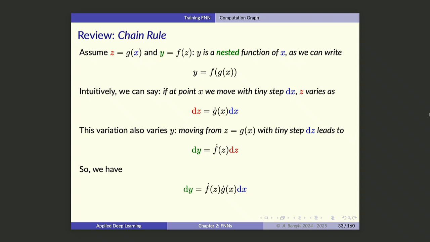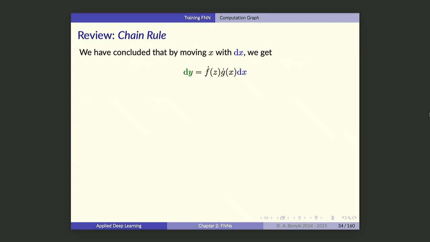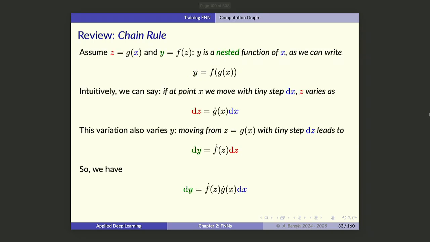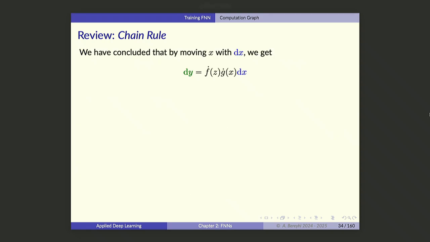And you have it now in the slide, right? So that expression here, f dot g dot, is the derivative. This is what you know as the chain rule, right? So you could simply say that I see here that dy is f dot g dot times dx. And I do know that dy can be expressed as the derivative of this nested function times dx.